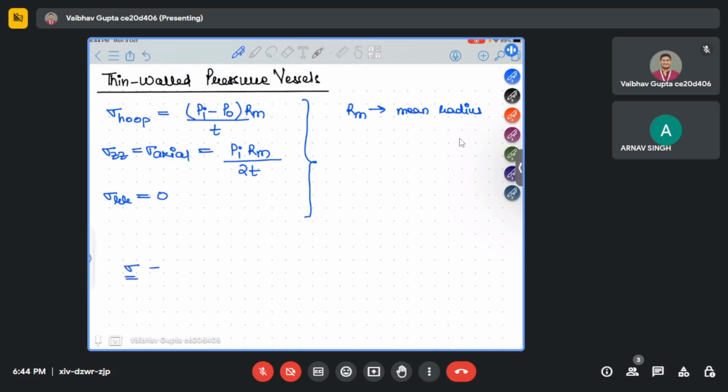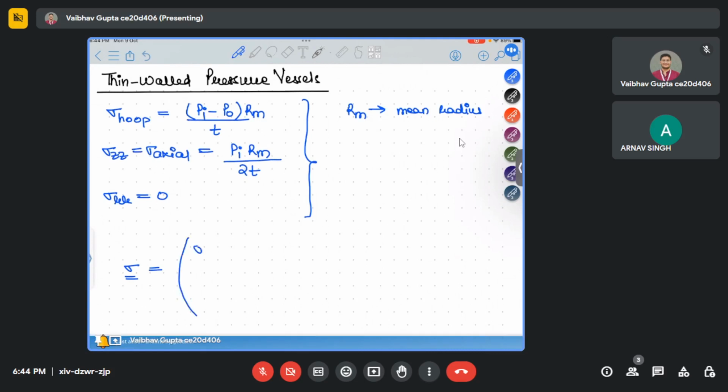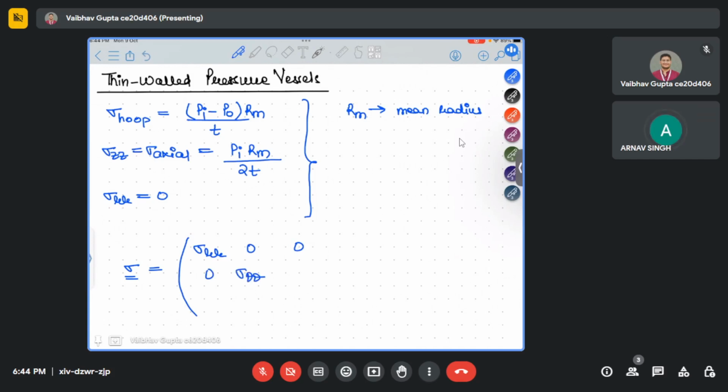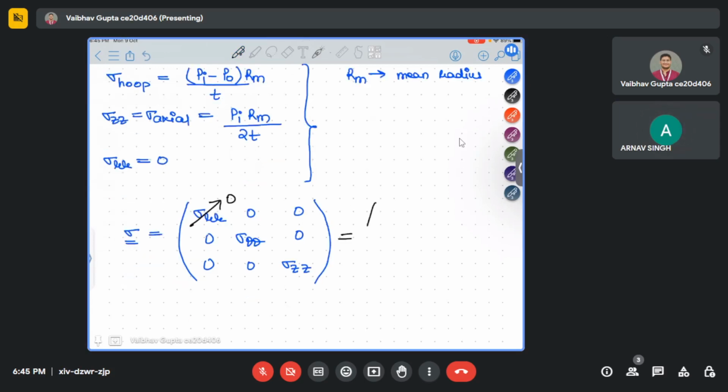How will you write the stress matrix? The stress matrix will be sigma r 0 0, 0 sigma theta theta 0, 0 0 sigma z. This is 0 always.